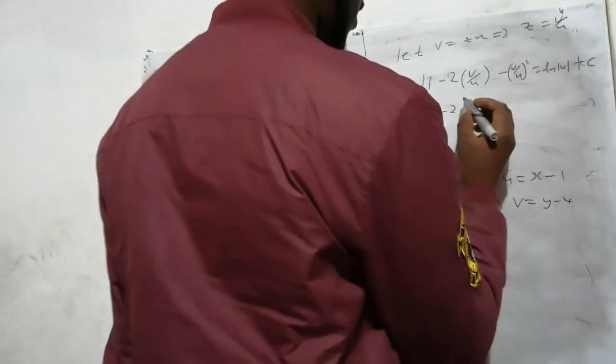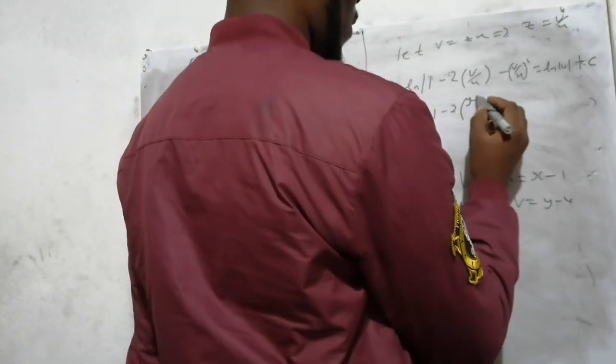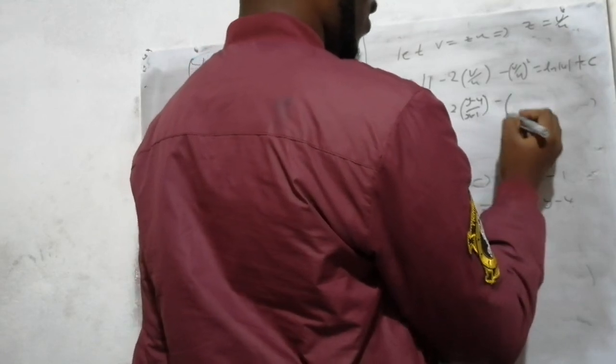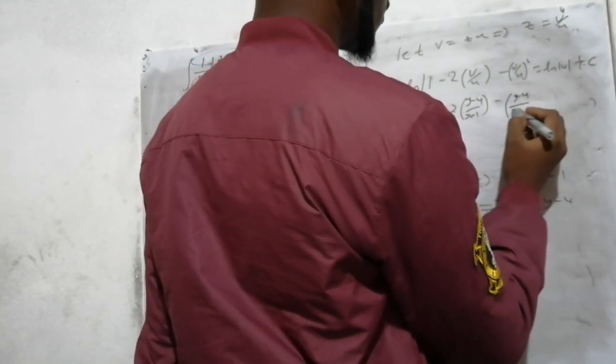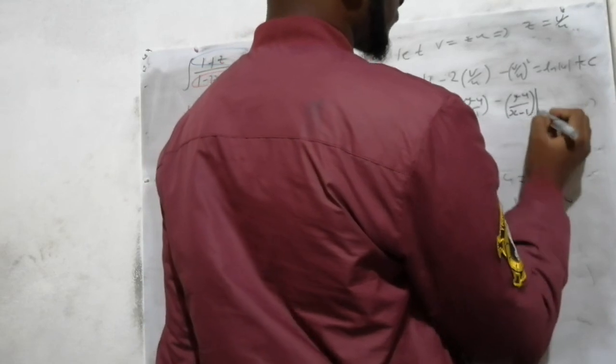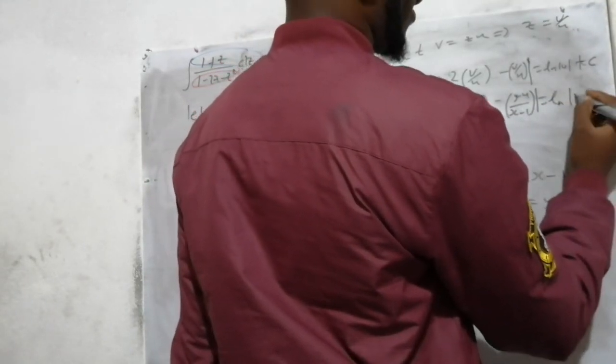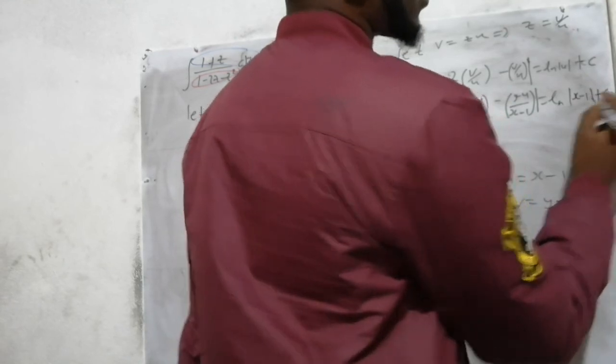So let's perform the necessary substitution: y minus 4 over x minus 1 in place of v over u. I forgot the absolute value there. Negative half ln of 1 minus 2 (y minus 4) over (x minus 1) minus ((y minus 4) over (x minus 1)) squared equals ln of |x minus 1| plus c.